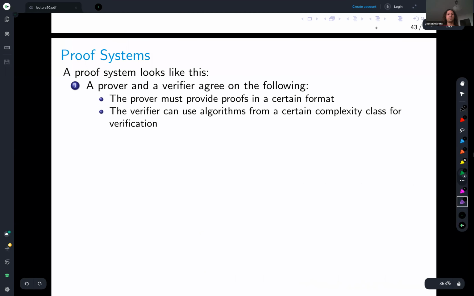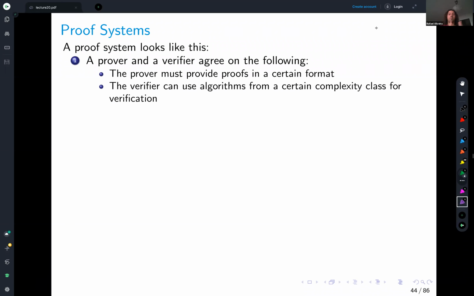All right, so a proof system looks like this. We have a prover and a verifier, and they will agree on the following. The prover must provide proofs in a certain format, and the verifier can use algorithms from a certain complexity class to verify. So if we're talking about NP as a proof system, NP will have a prover.